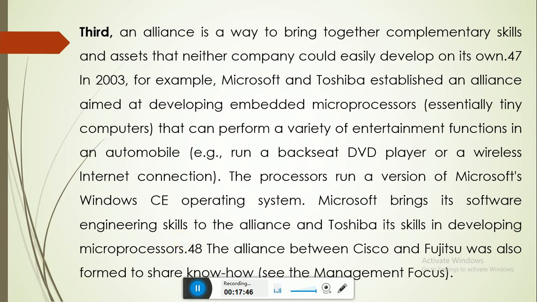So you see certain companies have a competitive advantage, an absolute advantage or comparative advantage, in producing certain products. If you consider Toyota nowadays, they are very good in hybrid inventions. They are making very good hybrid cars. So most companies are doing strategic alliances in order to produce certain products.